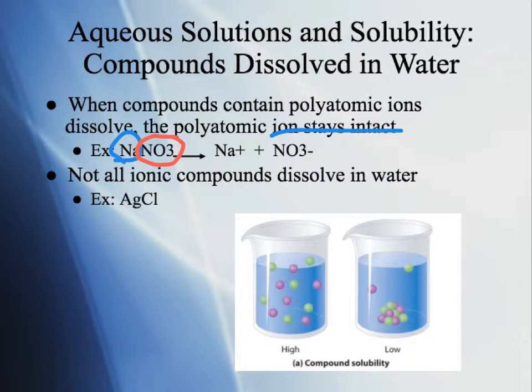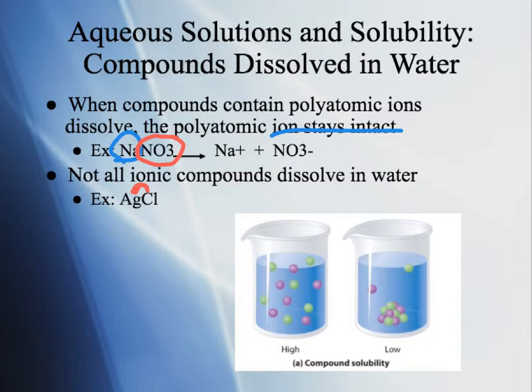All right, there are some ionic compounds, though, that do not dissolve in water. One way we can think about it is the electrostatic force between these ions is so strong that it doesn't let water break it apart. And so silver chloride is an example of a substance that does not dissolve in water. So this obviously would be one that does not light up a light bulb.